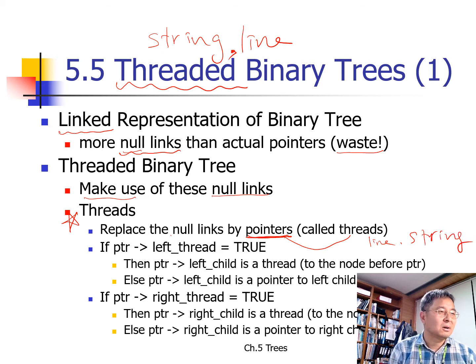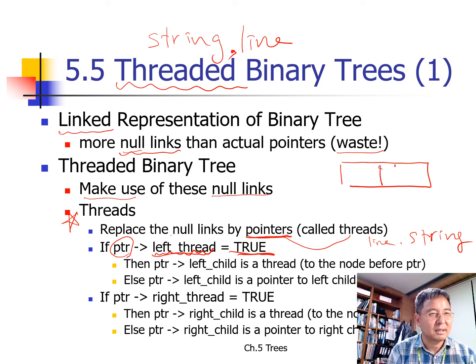Okay. So now the current node is PTR. Then PTR's left thread is true. That means that we will add an extra additional field, left thread. So that means that we have only three fields: data, left link, right link.